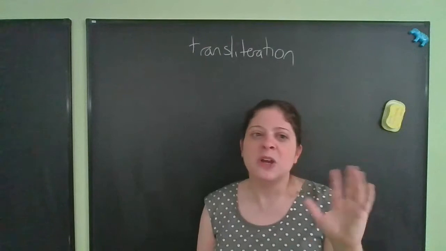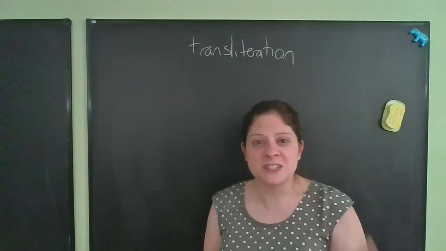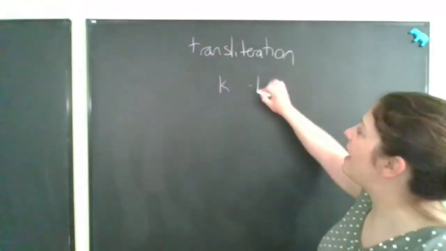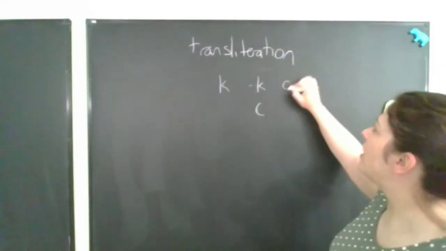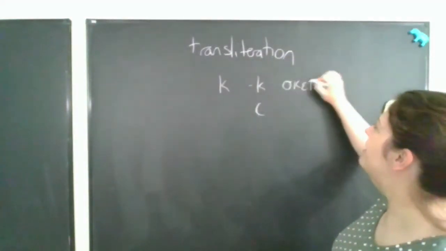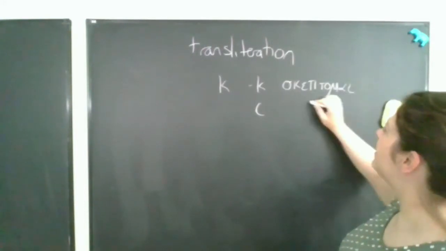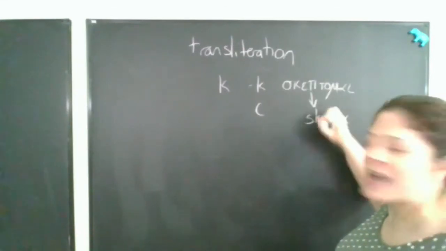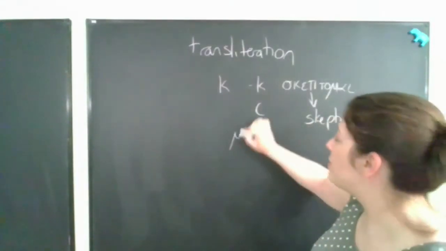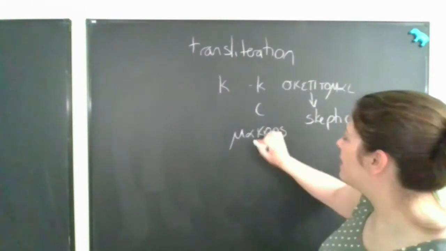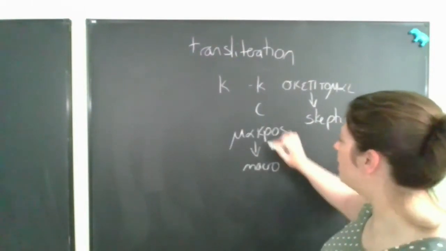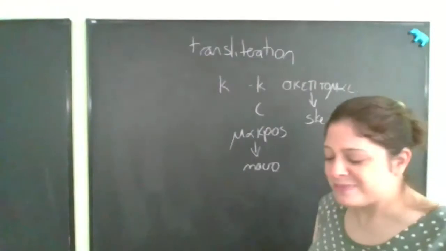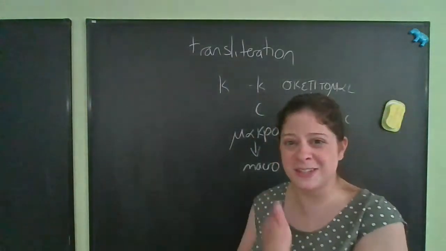The only time that sometimes we're not consistent is really with the Greek letter kappa, which can be transliterated as either a K or a C. So if you have a Greek word like skeptomai, this gives us our word skeptic, for instance, and that kappa is a K. But if you look at a word like makros in Greek, that gives us our prefix macro, and in this case the kappa became a C. This isn't something you really have to worry about though, because you don't have to do the transliteration part of this process.